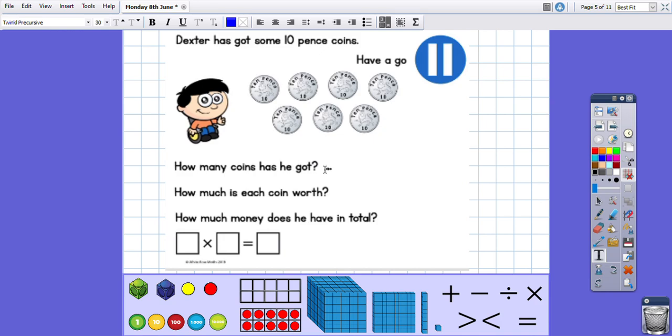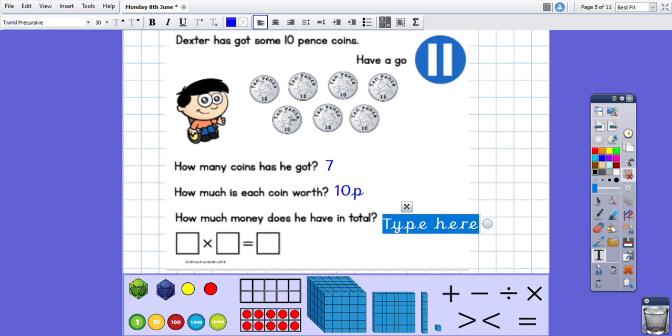Okay, so he has got 1, 2, 3, 4, 5, 6, 7 coins. Each coin is worth 10p. So how much money does he have in total? Remember, you are not counting this as 1, it is worth 10. It would be the same as having 10 apples in a basket or something, okay?